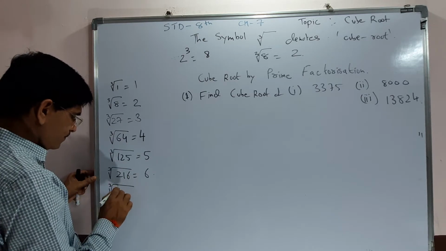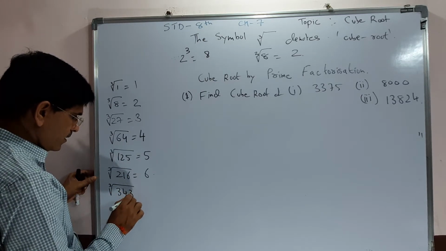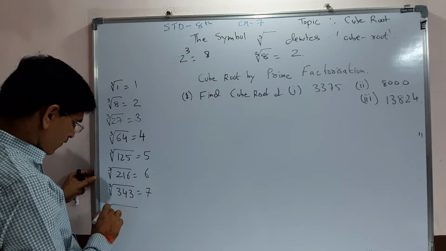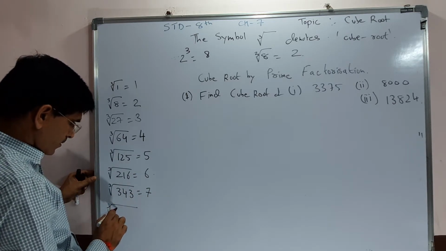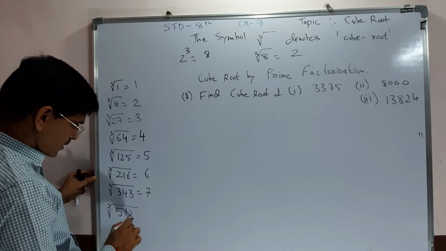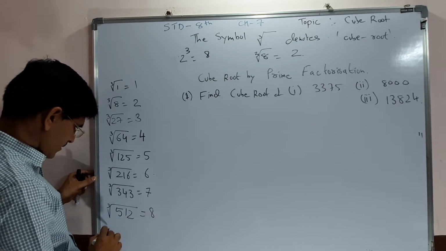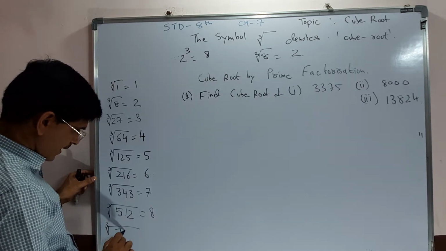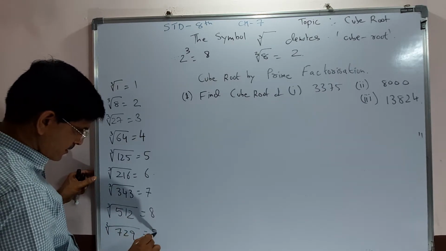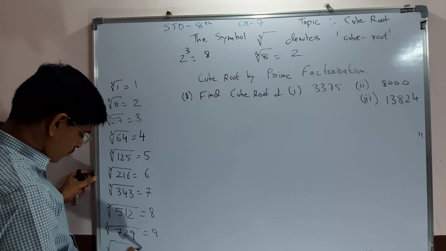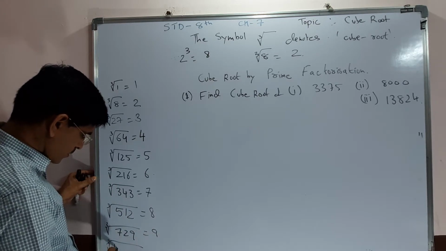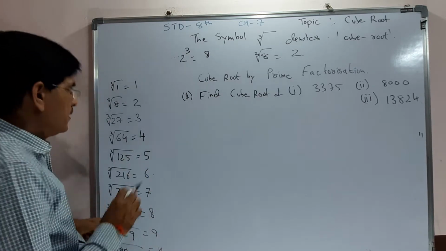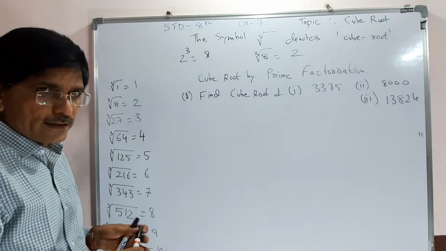Cube root of 343 is 7. Cube root of 512 is 8. Cube root of 729 is 9. And cube root of 1000 is 10. That you have to write.